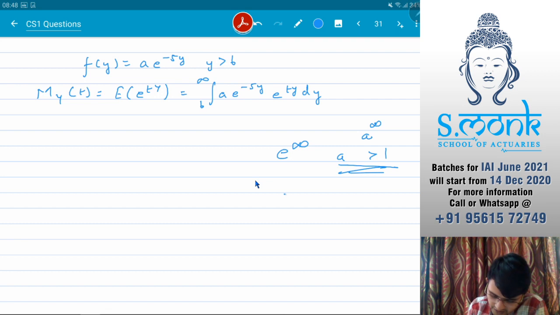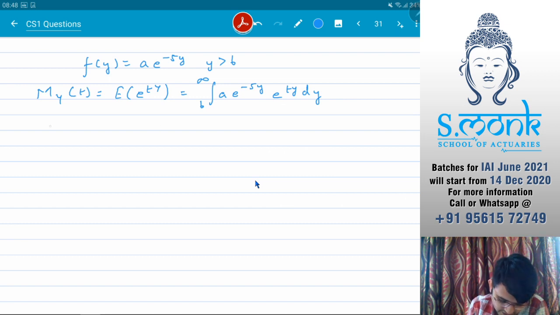But e raised to minus infinity or a raised to minus infinity, when a is greater than 1, these terms are going to be nothing but 0. So therefore what we do is we try to make minus infinity here. So for that what we will do is we will keep these value with a negative sign.